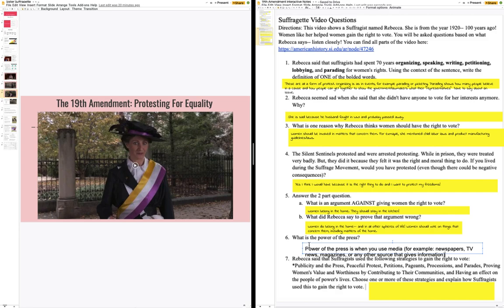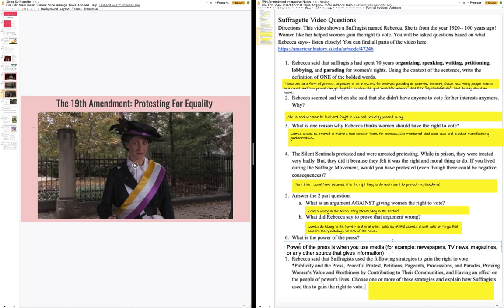So, power of the press can also be a part of a verbal conversation, not necessarily just in text, but that's usually what we mean when we say power of the press. We mean newspapers, magazines, things that are in print.